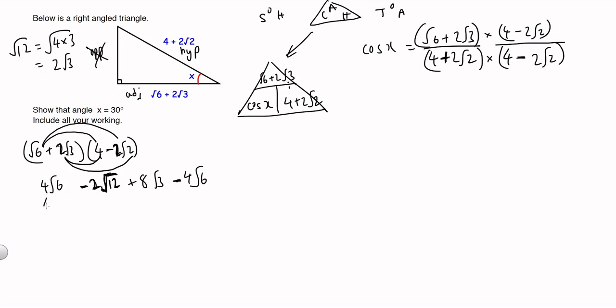So I'm going to write 4 root 6, take away 2 times 2 root 3. Let me simplify this a bit better. Negative 2 times 2 is negative 4 root 3 plus 8 root 3.